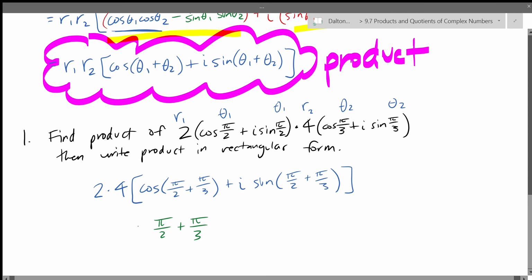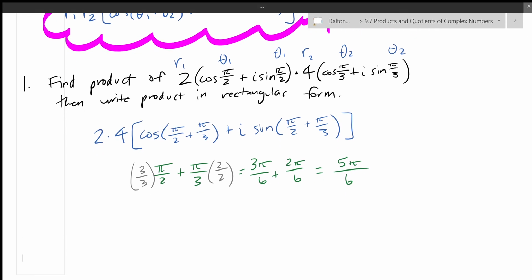So if we multiply the first fraction by 3 over 3 and the second fraction by 2 over 2, we end up with 3 pi over 6 plus 2 pi over 6. Now that we have common denominators, we can add our numerators. So 3 pi plus 2 pi, you treat pi like a variable, is 5 pi over 6.